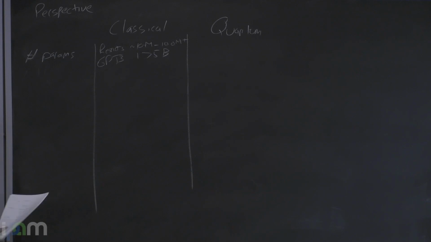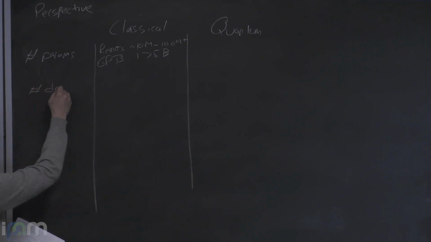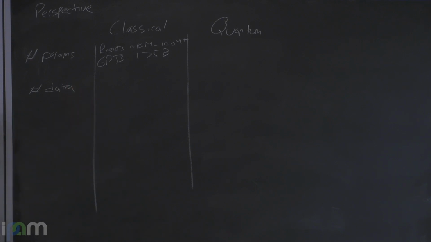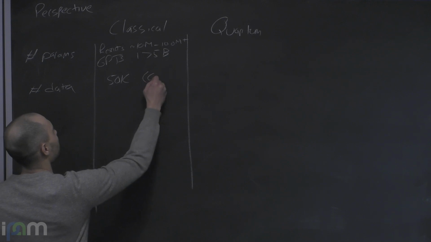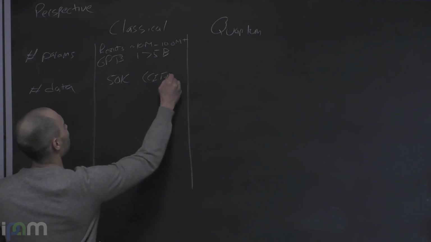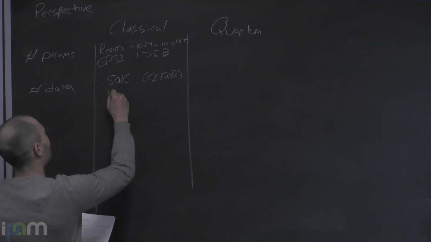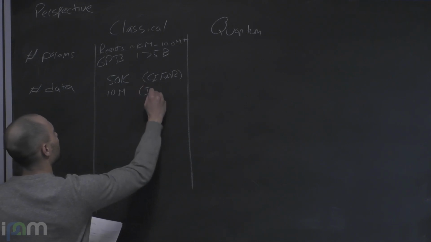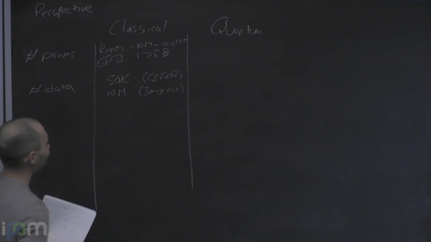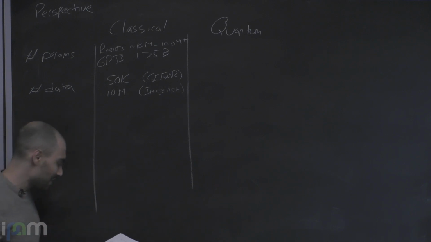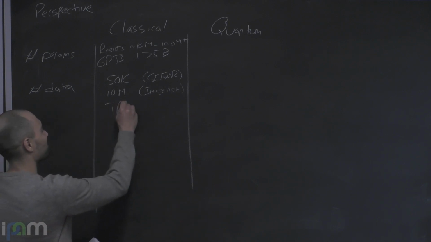That's kind of crazy that it works, right? Anyway, the number of data points. Just some example data sets: 50K CIFAR, which is a common image data set used, 10 million ImageNet. For text, it's hard to say, but there are terabytes of text.